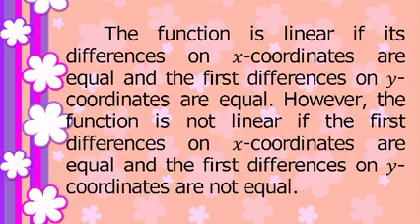Sabi dyan, kailangan yung differences ng x coordinates ay pare-parehas and the differences ng y coordinates ay pare-parehas din or equal. However, the function is not linear if the first differences on x coordinates are equal and the first differences on y coordinates are not equal. So, mamaya papatunayan natin, mas ipapaliwanag natin kung ano yung ibig sabihin nito.